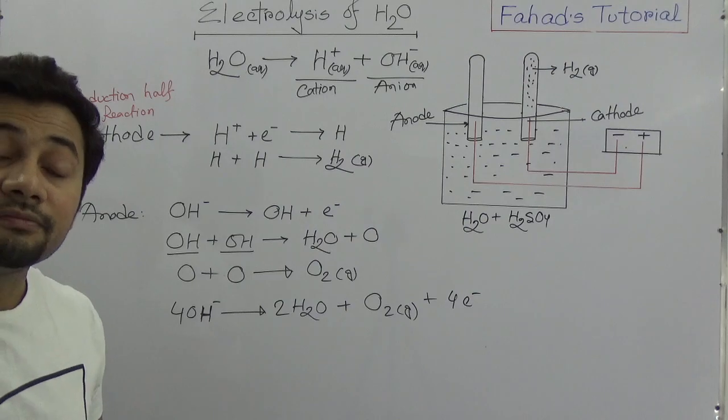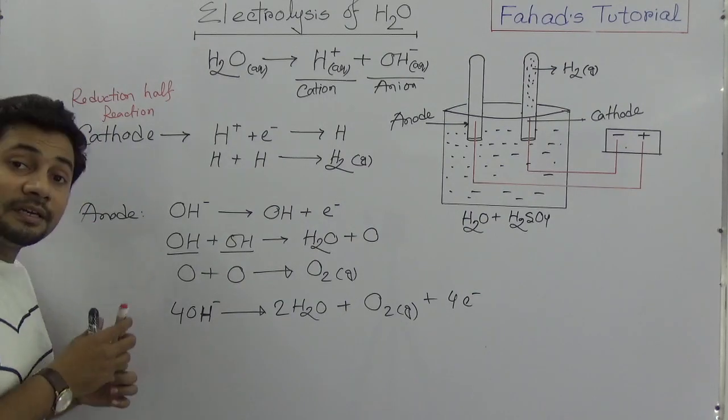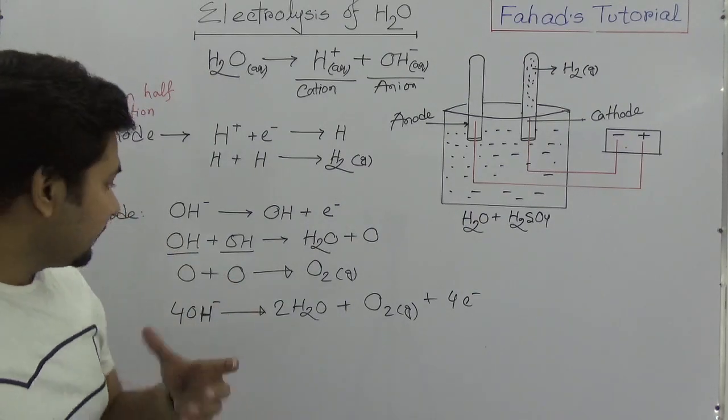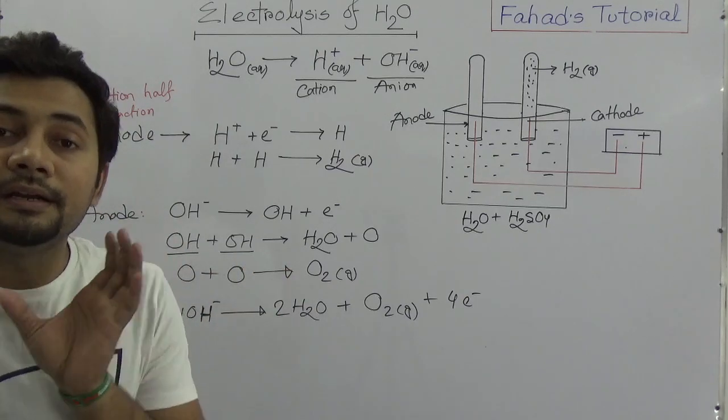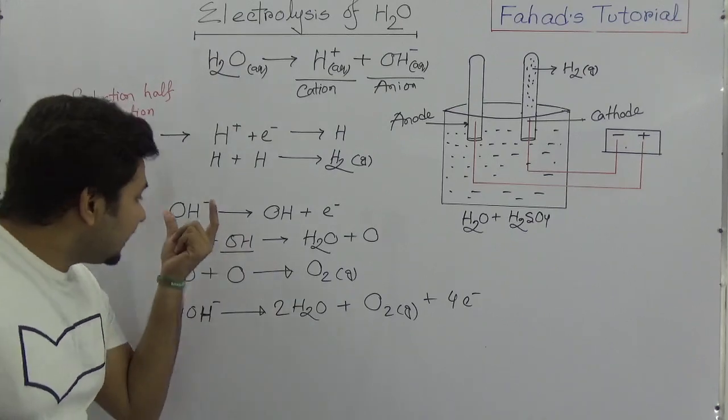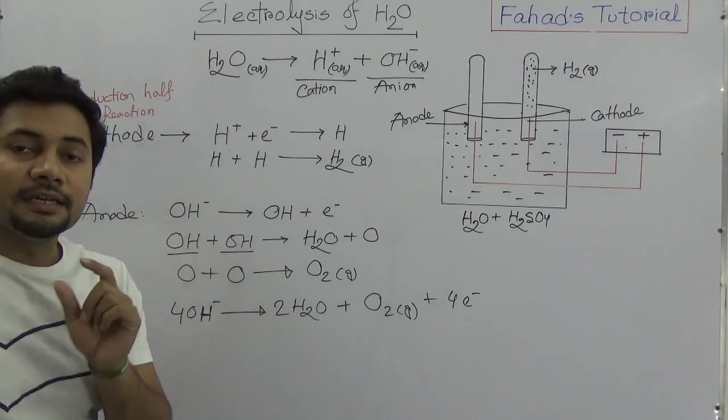And this is the final reaction which will occur at the anode. Sometimes students get puzzled by this reaction, but I'm giving you the insight into the reaction, the steps, of what is going on.